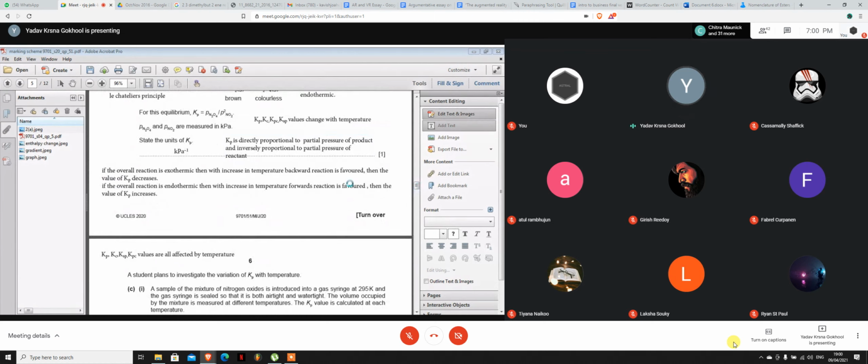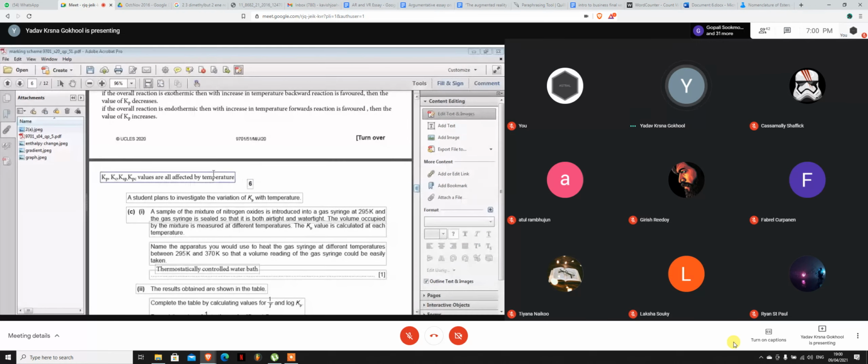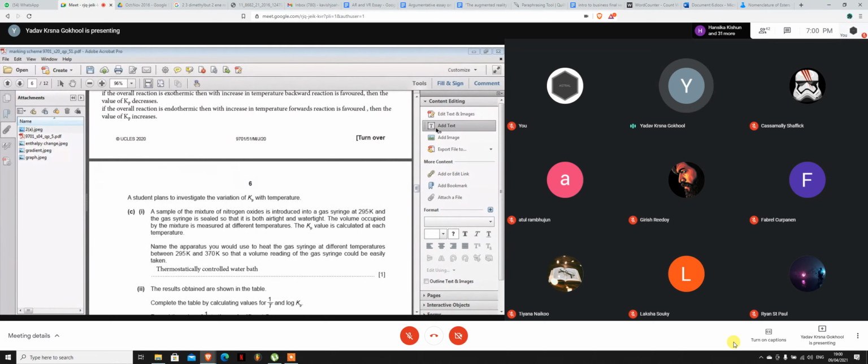I'll just cancel it. The student plans to investigate the variation of Kp with temperature. So here, Kp is the dependent variable.